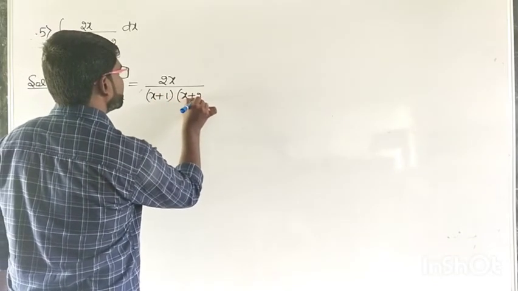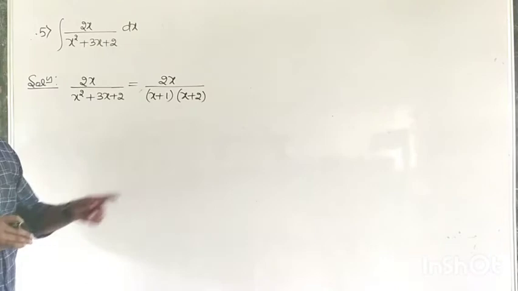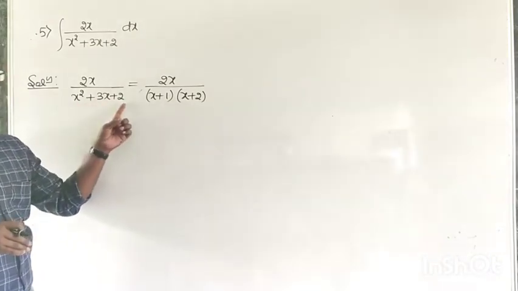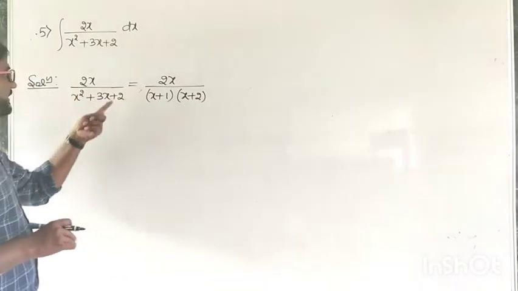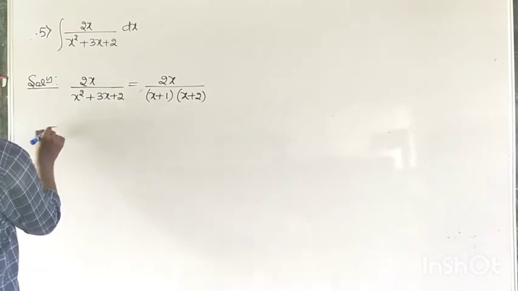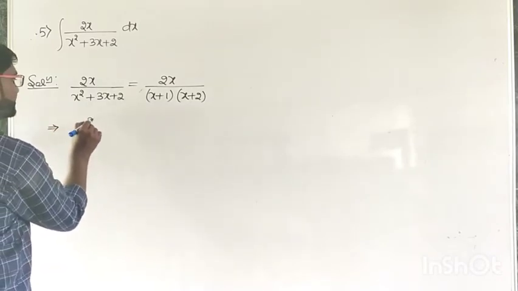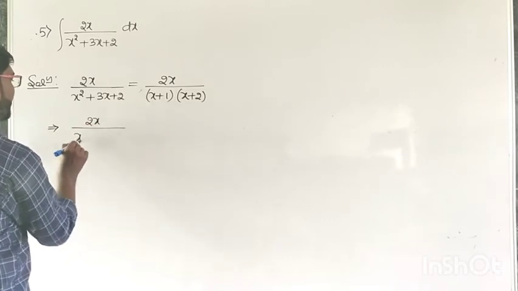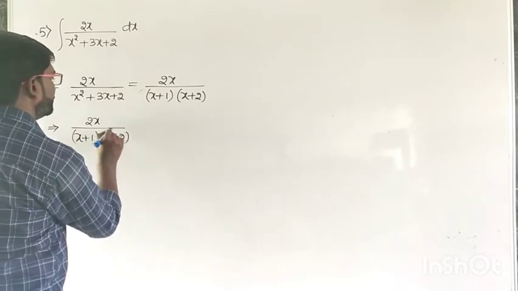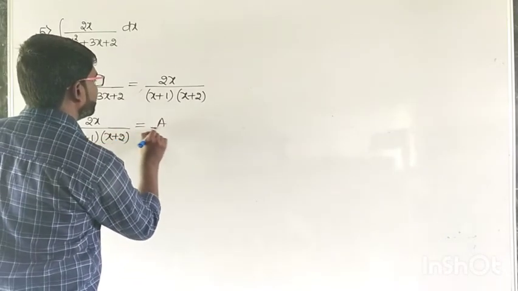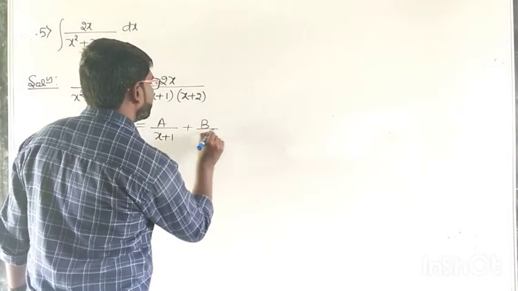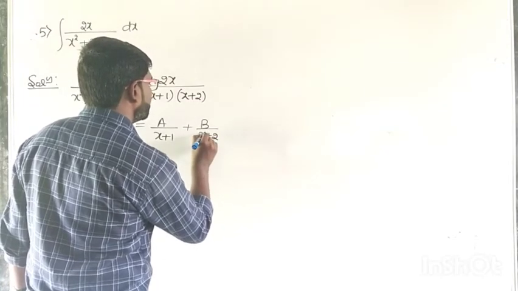Now multiply these two, we get back the quadratic polynomial, that is x square plus 3x plus 2. So now instead of considering this, I go for this one. This implies 2x divided by (x plus 1)(x plus 2) equals a divided by x plus 1 plus b divided by x plus 2.